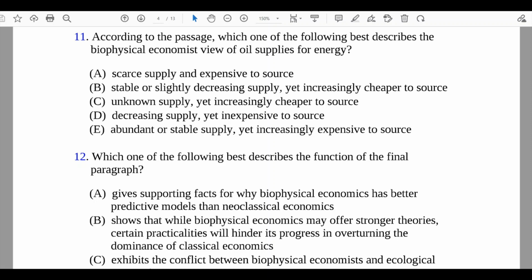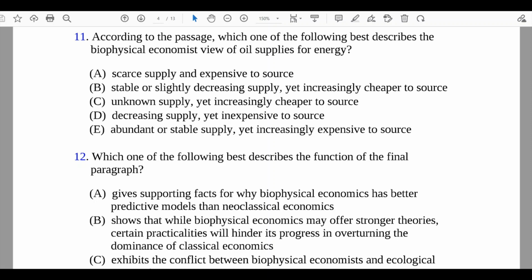According to the passage, which one of the following best describes the biophysical economist's view of oil supplies for energy? A option, scarce supply and expensive to source. B option, stable or slightly decreasing supply, yet increasingly cheaper to source. C option, unknown supply, yet increasingly cheaper to source.